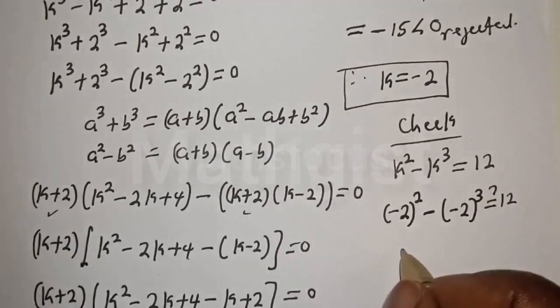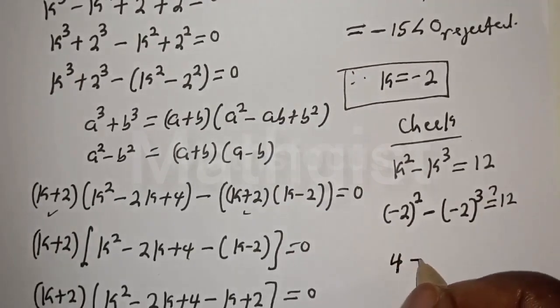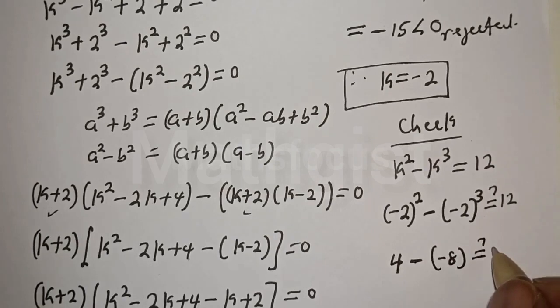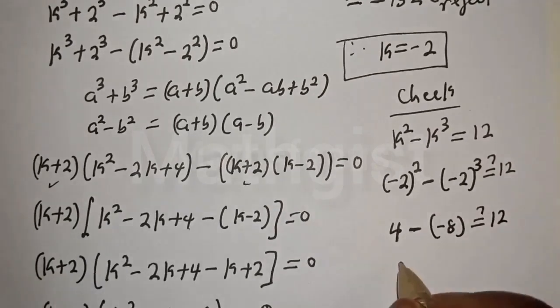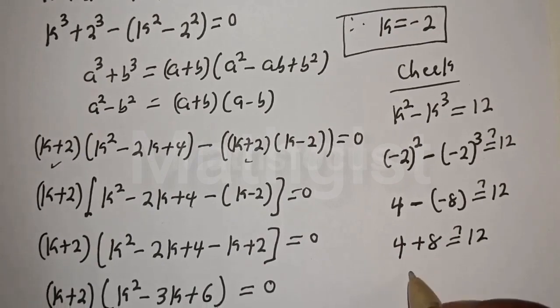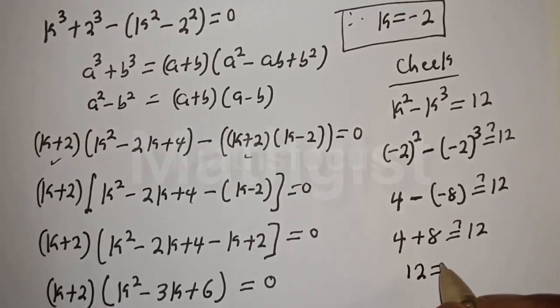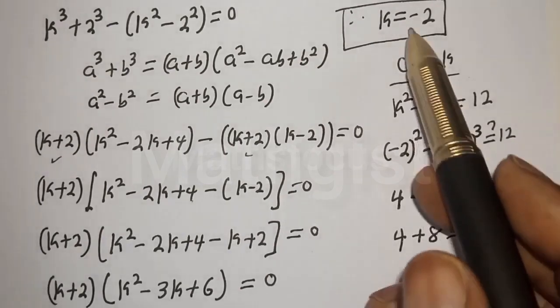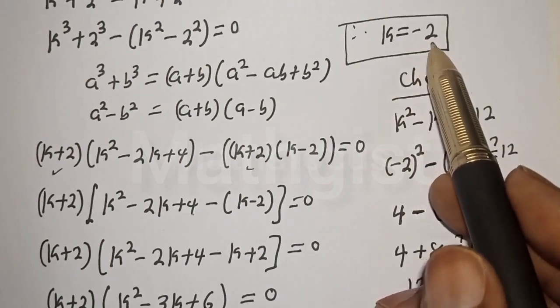Then minus 2 squared is 4 minus bracket minus 8 must be equal to 12. Here is 4, minus times minus, that is plus 8, must be equal to 12. Then 4 plus 8, this is 12, is equal to 12. And this satisfies the equation at k is equal to minus 2.